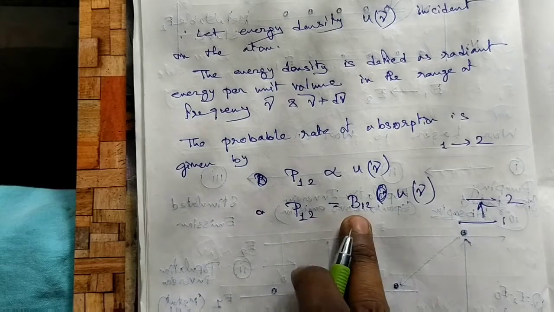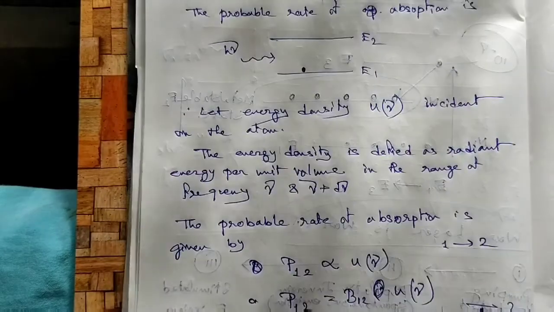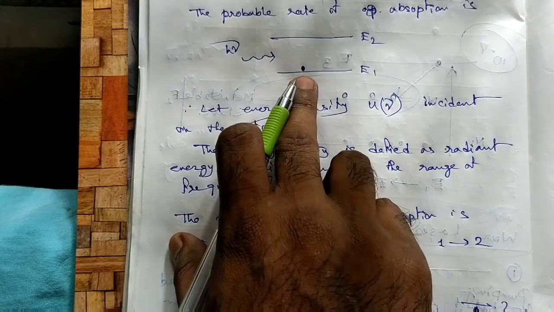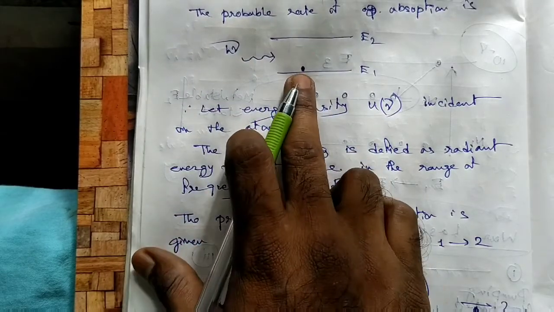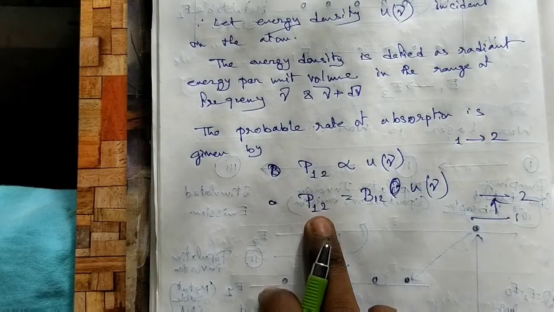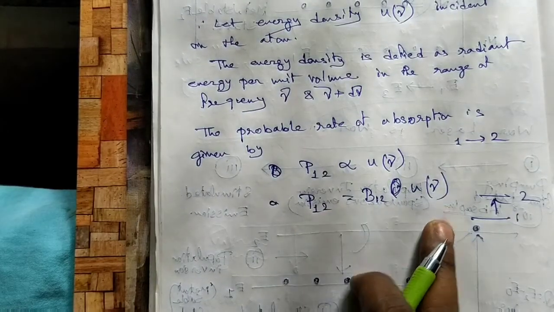When the atom gets the energy from this outside photon, it is excited and jumps from state 1 to 2. That's why I wrote P12 equal to B12 u nu.